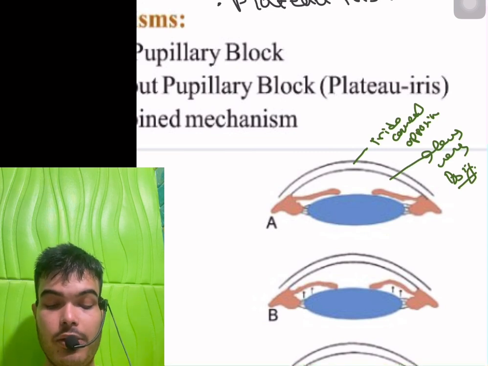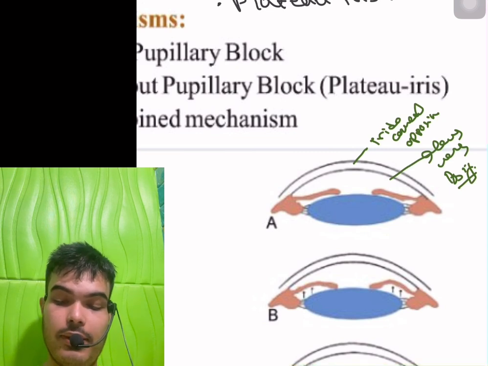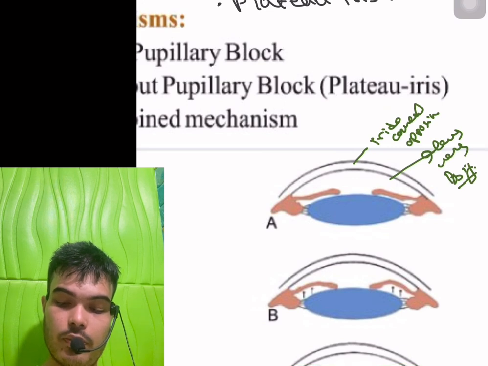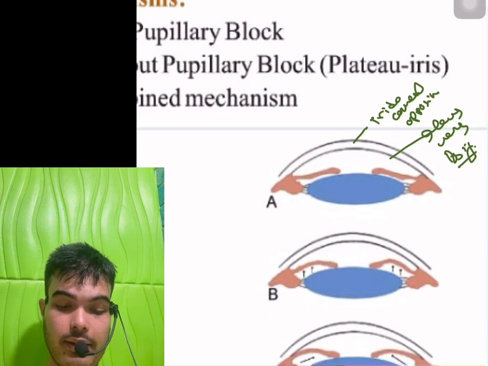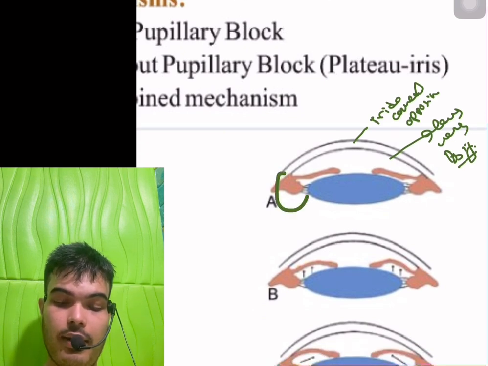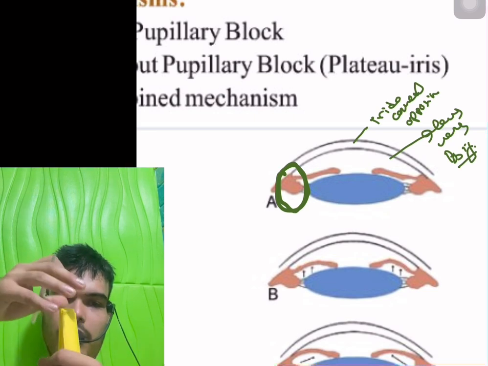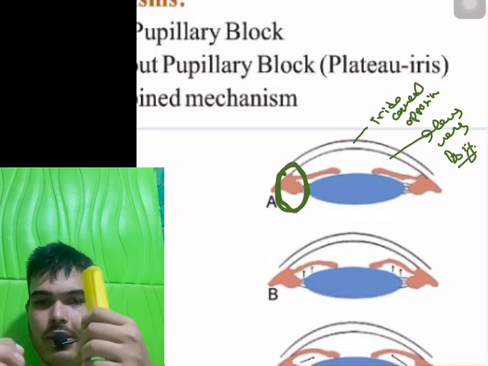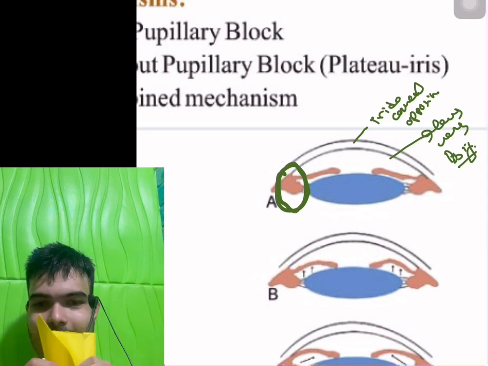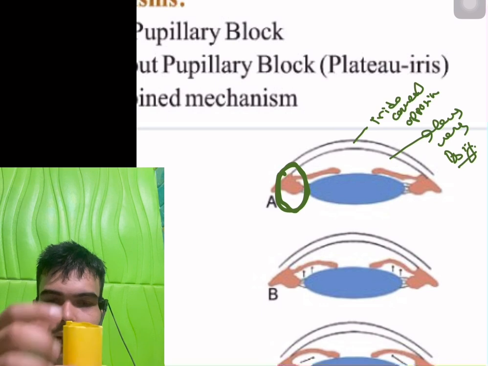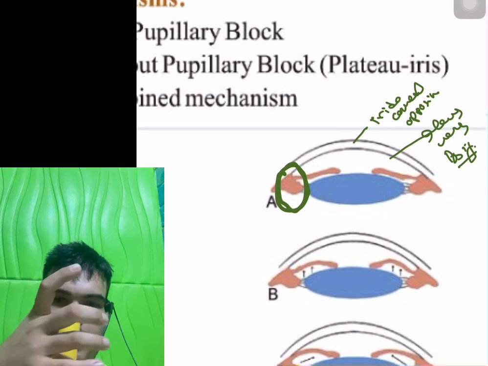Suppose you take this hollow area, this is your iris, the same iris.